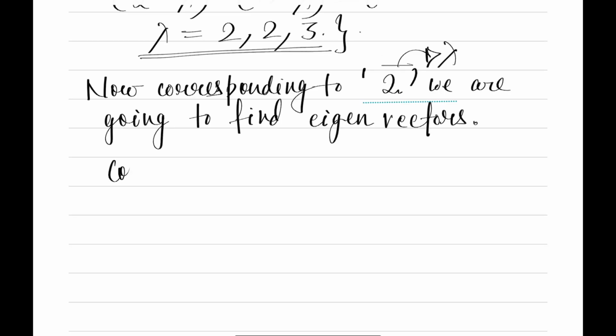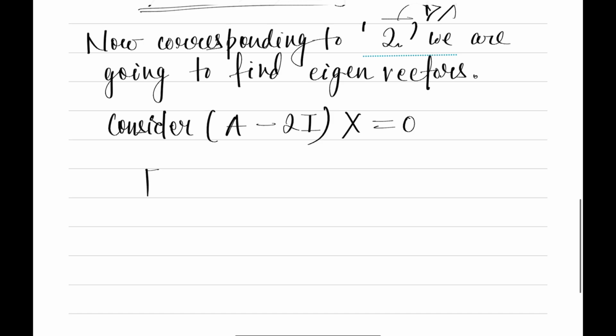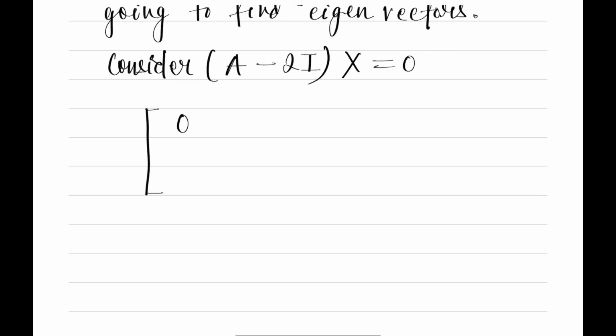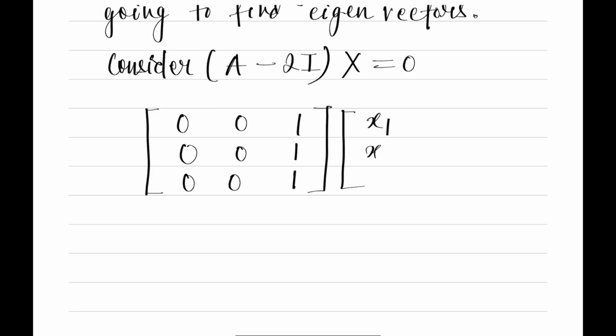We will consider (A minus 2I) into x is equal to 0, and our matrix will become 0 0 1, 0 0 1, 0 0 1, and our variables are x1, x2, x3, which will be equal to 0 0 and 0.